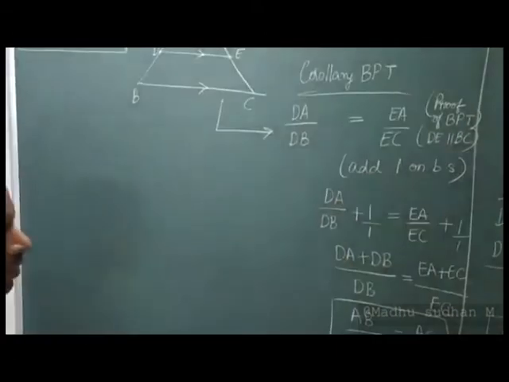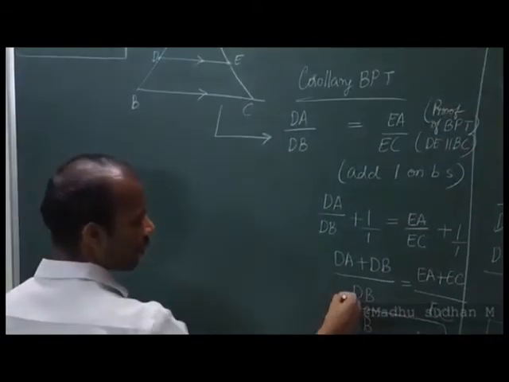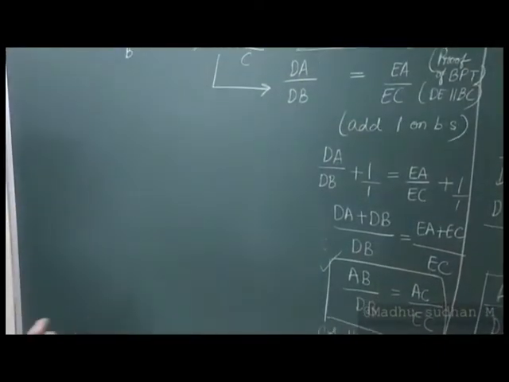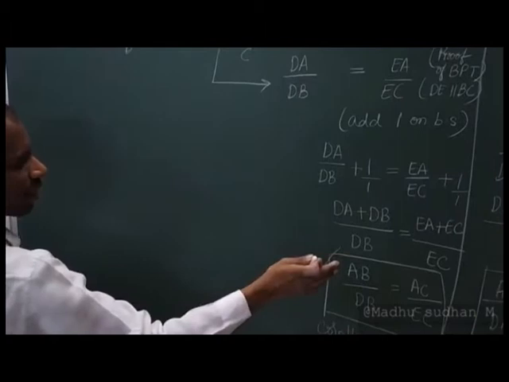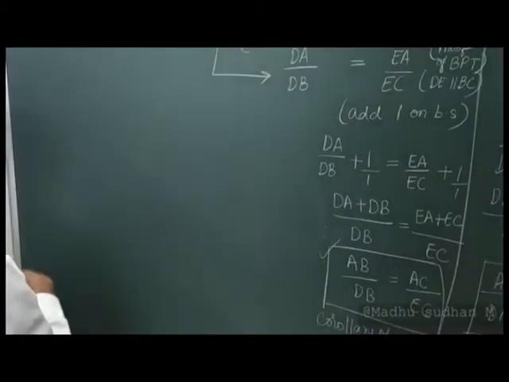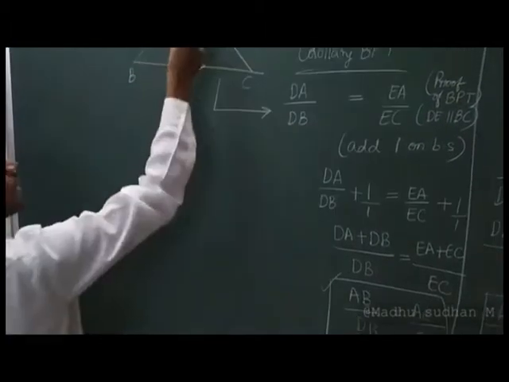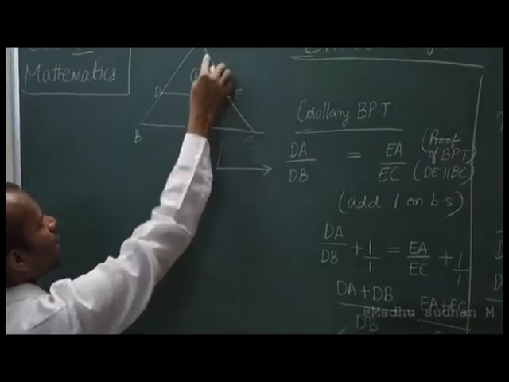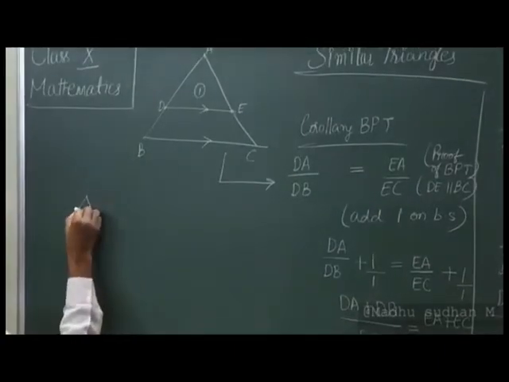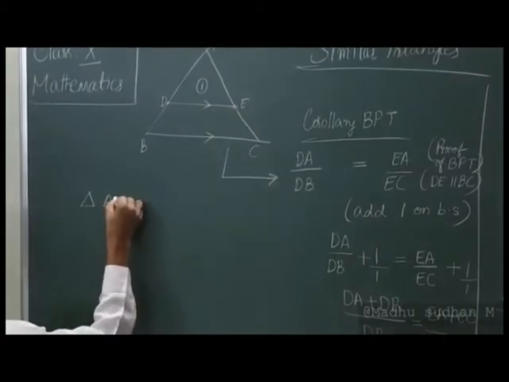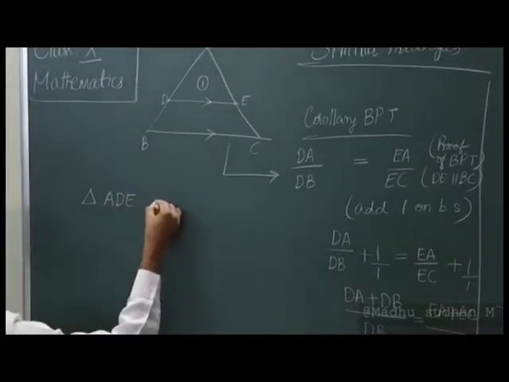So please understand. You cannot remember everything. Students say that they get confused remembering that. So please don't mug up or just try to rewrite it. Better, what we will do here is understand. Let me write, this is 1. We can find one triangle here, right? So let me write triangle ADE, similar.